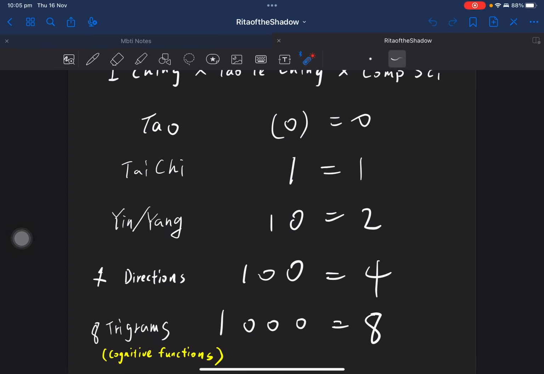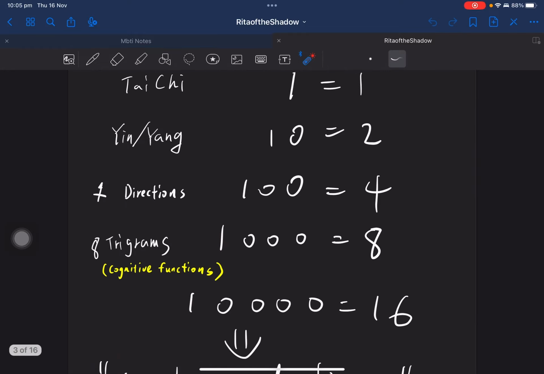But yes, so there are the 8 trigrams, and the 8 trigrams in binary system is like this, and it's number 8. And another thing you should know is there are also 8 cognitive functions. And then you have the 16 personality types, right?